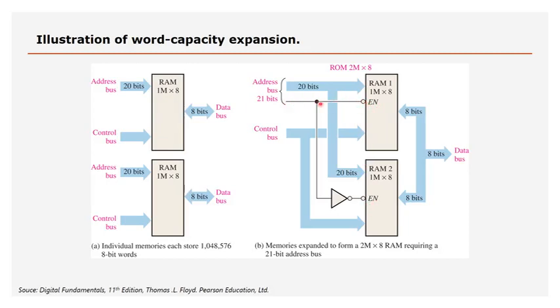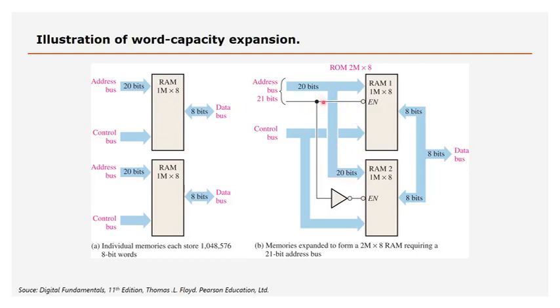So if you look at this, I've said that if you do a word capacity expansion, there will always be a decoder involved. Now what we have here, this line going straight through to this enable and going, in this case, through an inverter, is basically a decoder. This is a 1 input with 2 outputs. There are my 2 outputs, but this is a 1 by 2 decoder.